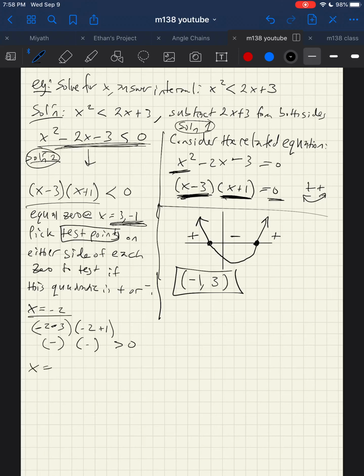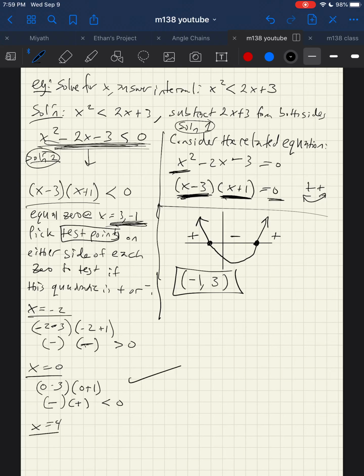Now let's check something in between -1 and 3. Let's check x equals 0. I get 0 minus 3 times 0 plus 1, and this is a negative times a positive. Notice I'm not actually computing what the value is. I'm just checking whether it's greater than 0 or less than 0. So this is less than 0, which means that between these points, I do satisfy my inequality.